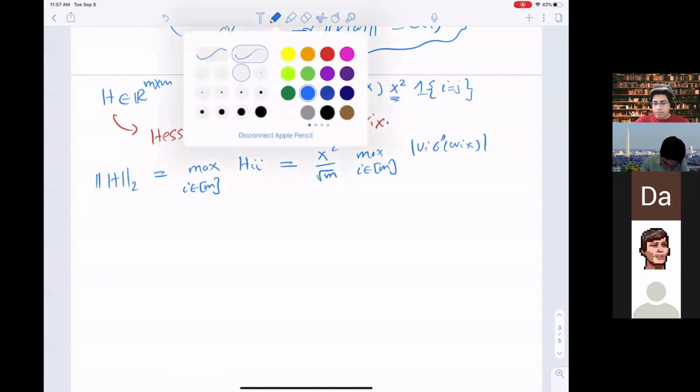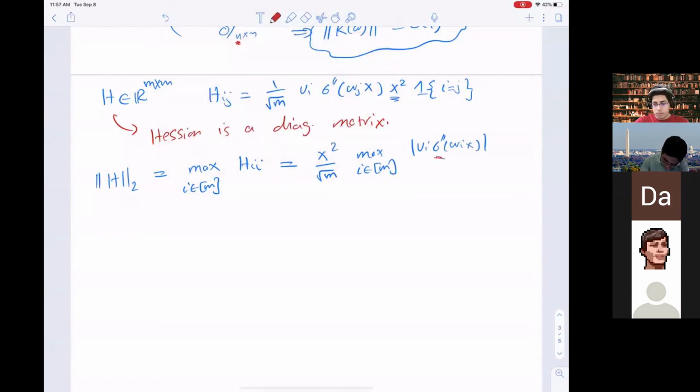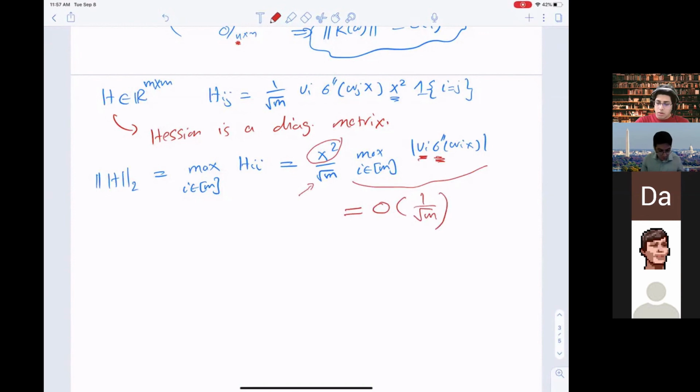All right, let's look into this. Again, the curvature, sigma double prime, is bounded by a number, and I know the v_i's are either +1 or -1, so this is basically a constant. Again, we assumed x has a bounded norm, so this is a constant. The only thing that depends on m here is 1 over square root of m, and that doesn't go away. So this whole term is 1 over square root of m. So what do we have here?